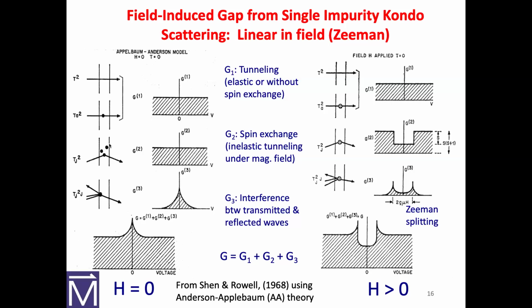Sorry if you're not all Kondo experts, but when you have a tunneling electron going through and another electron that Kondo scatters in the barrier, they can interfere and give you a peak. Don't worry about that so much. That's called the Kondo peak, and it's due to magnetic scattering in the barrier.